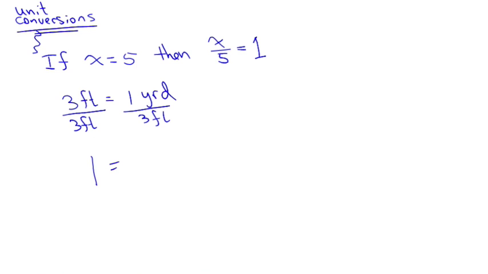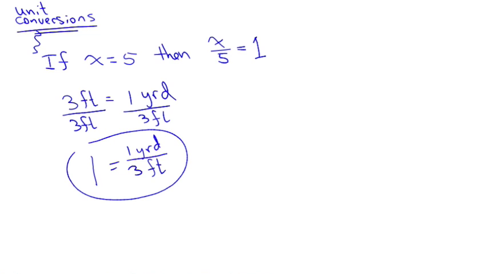And this also, even though it looks really strange, is equal to 1. 1 yard over 3 feet is the same thing as 1. Just a simple 1. Not 1 feet, not 1 yard, just 1. And this is the basis of what it means to be a unit conversion. You take something that is equal to each other, like 3 feet equals 1 yard, and you change it into a unit without any measurement whatsoever.